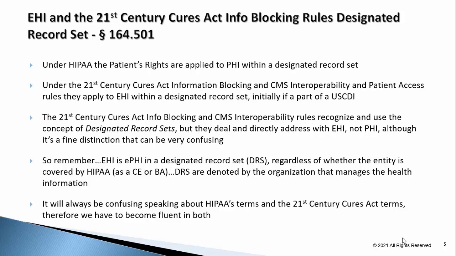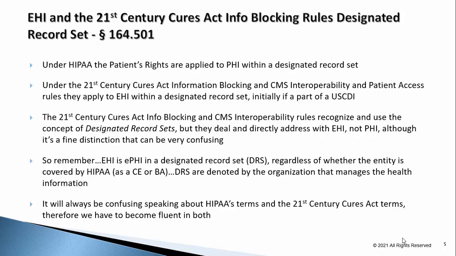That's a fine distinction. It can be very confusing. So HIPAA's talking about PHI. The 21st Century Cures Act, information blocking, is talking about EHI. Some rules apply under HIPAA that do not apply to other organizations that are not healthcare entities under the information blocking rules, but they both have the concept of designated record sets.